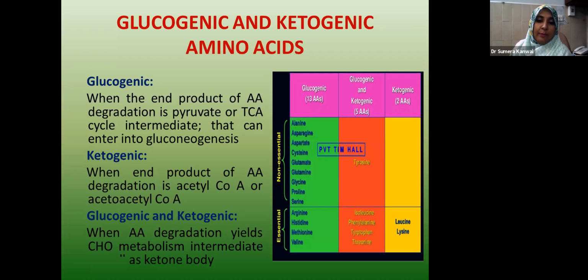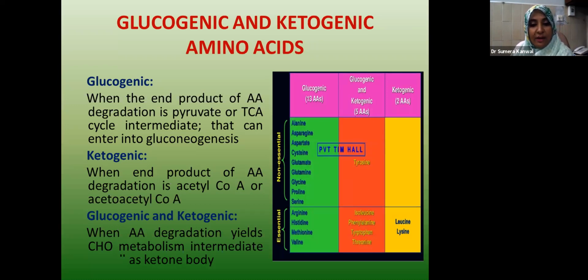Their catabolic end products are the intermediates of carbohydrate metabolism. They can join the TCA cycle or they can give rise to glucose. So they are glucogenic amino acids. We have a total of 5 amino acids that are glucogenic and ketogenic both. Tyrosine, a non-essential amino acid, but it comes from degradation of phenylalanine.